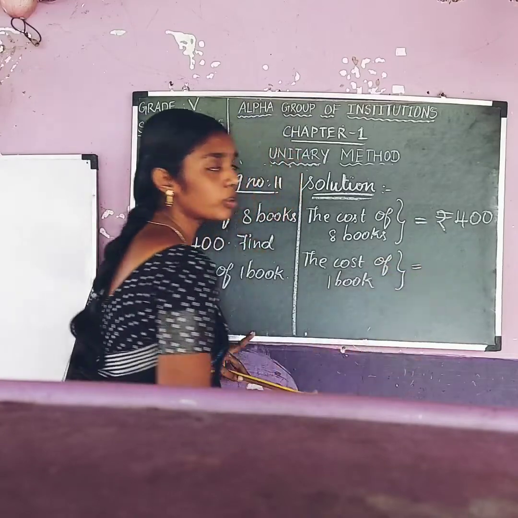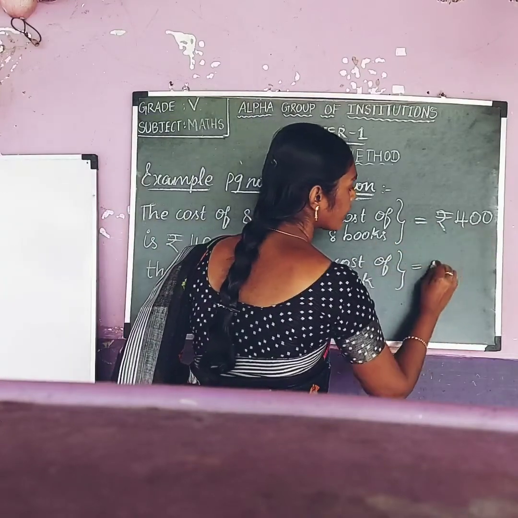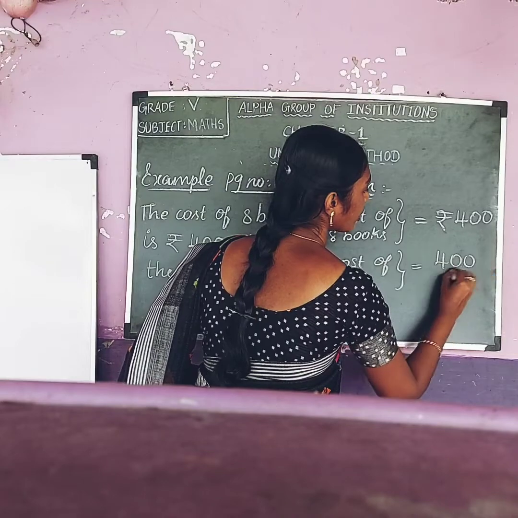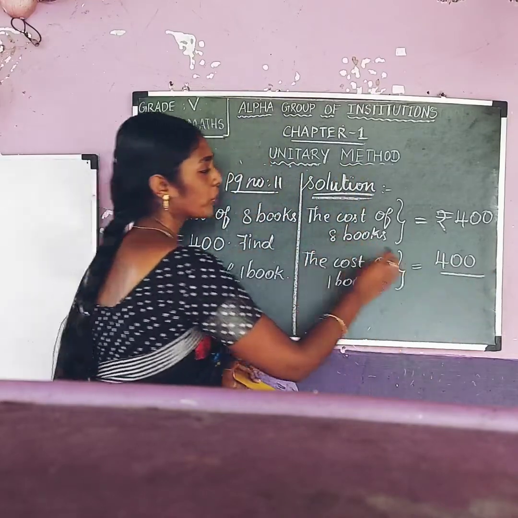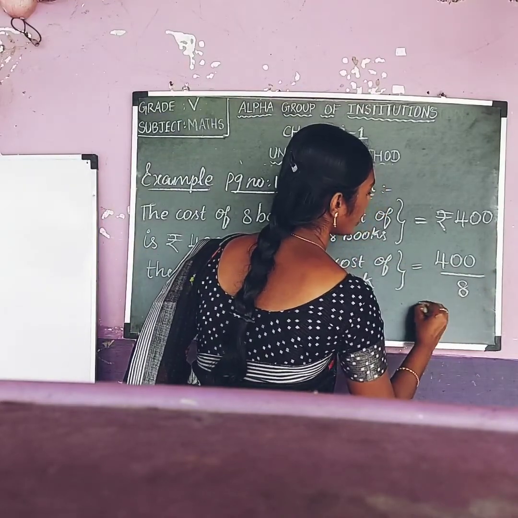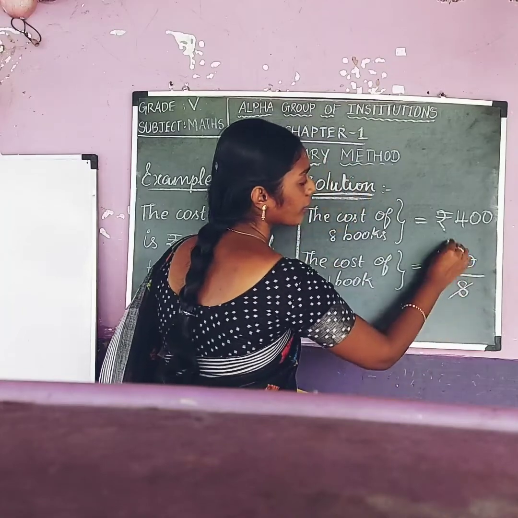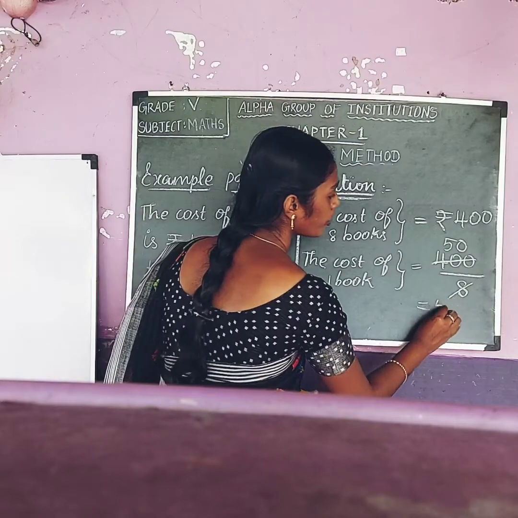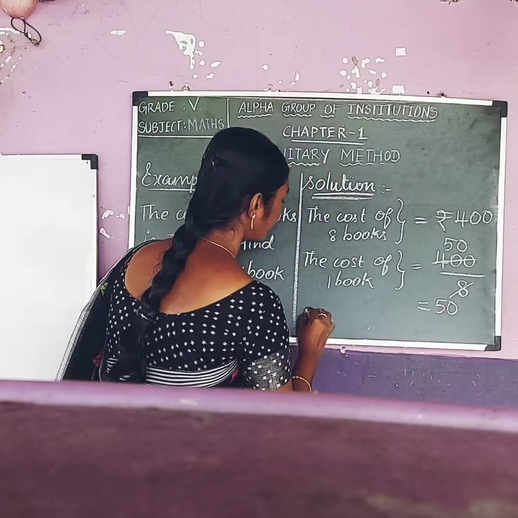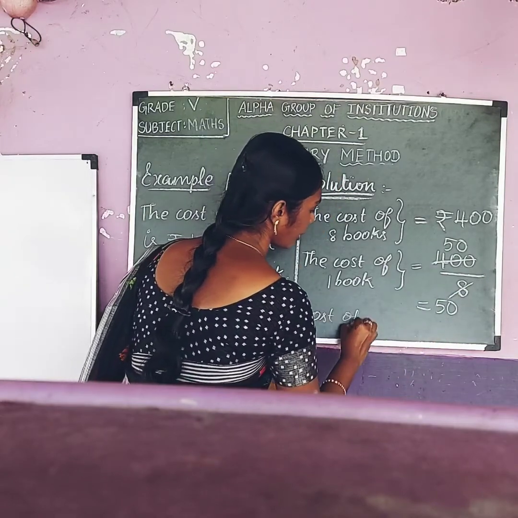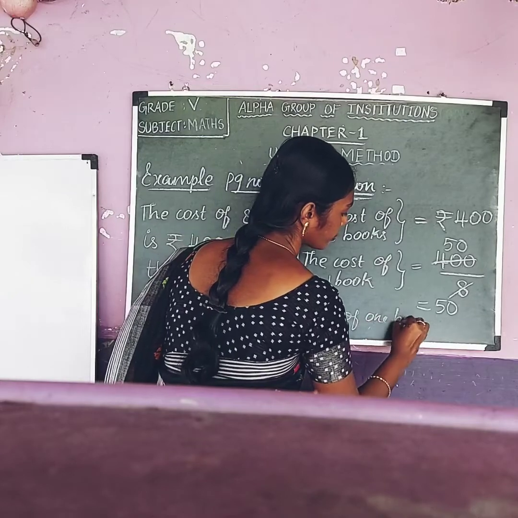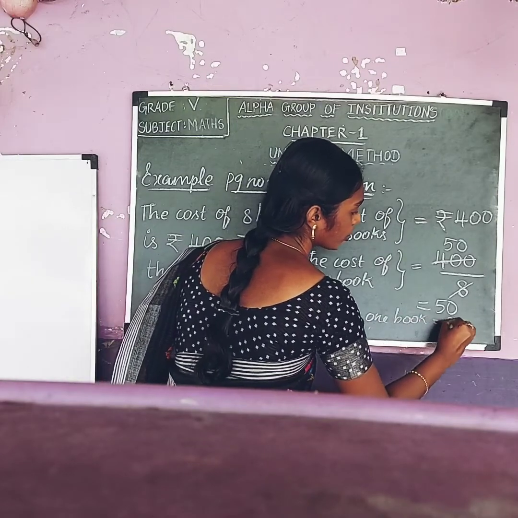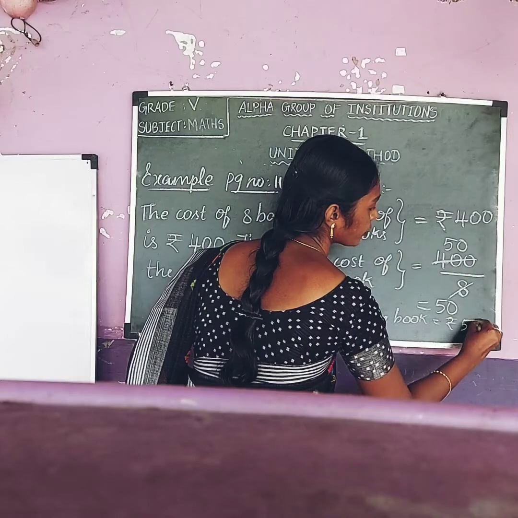Yes, I want to divide. Divide this cost by the number of books, divided by 8. So what will I get? 1 8 is 8, 5 8s are 40, balance 0, 8 0s are 0. So 50. The cost of one book is equal to rupees 50.